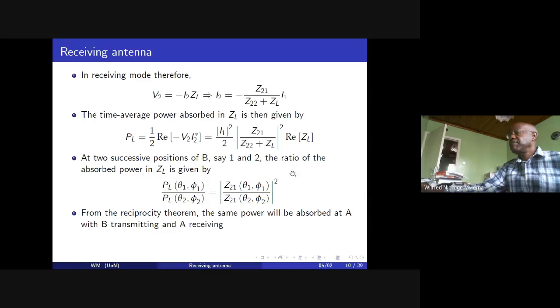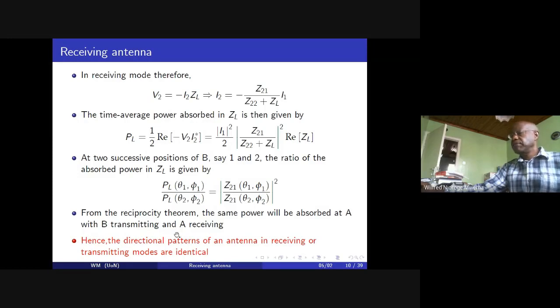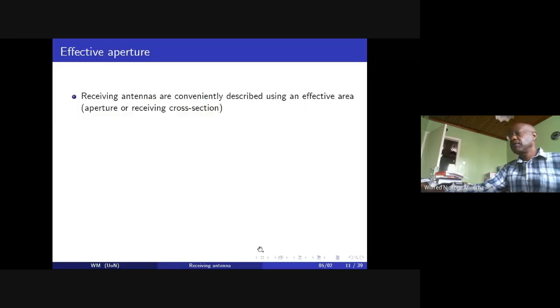And since A and B are identical, then we can compute the same value when we make B transmit and A receive. And hence, the directional patterns or the radiation pattern of an antenna in the receiving or transmitting modes must be identical.